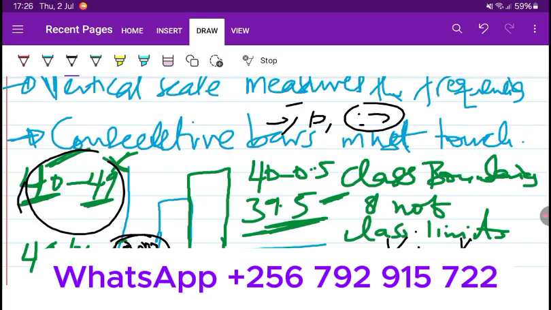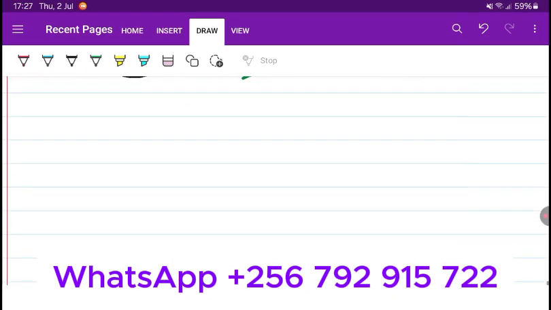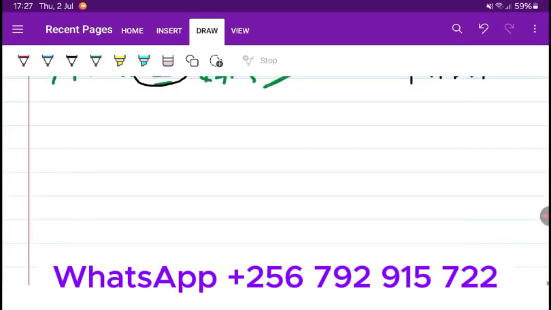So I was just creating or shading a picture for you to understand deeper, but having understood some of the basic theoretical things that we can talk about as far as the histogram is concerned, I want us to look at the steps on how we can draw a histogram.